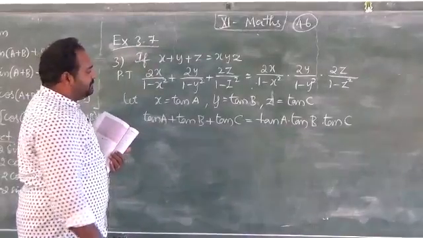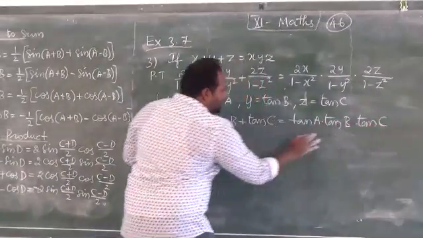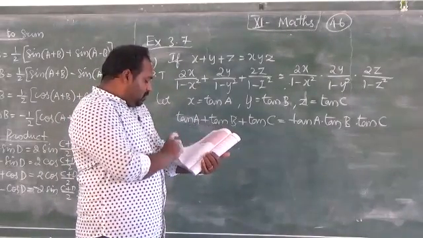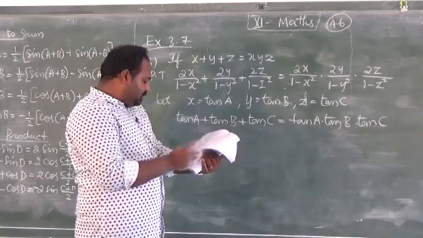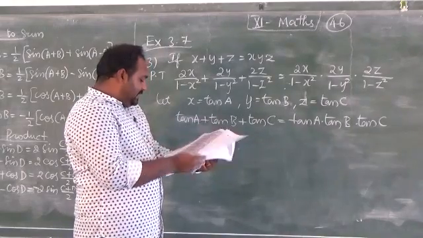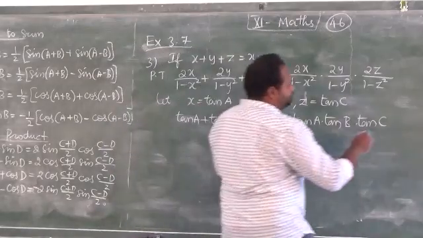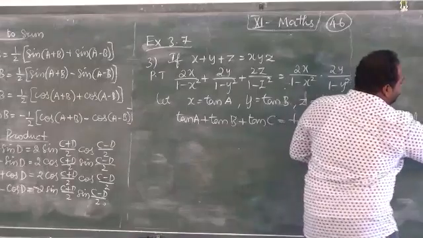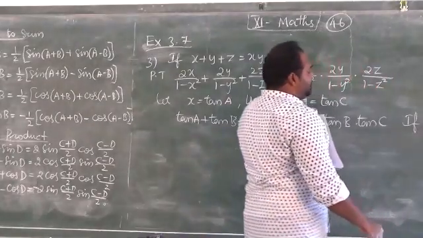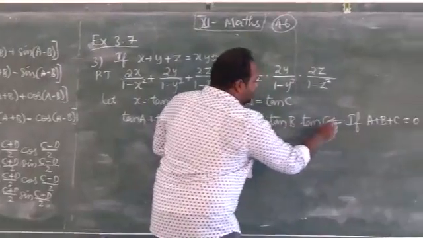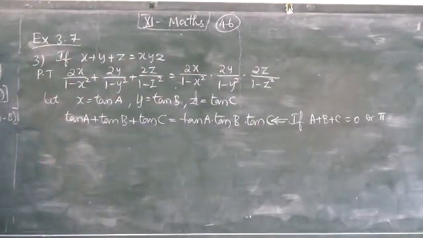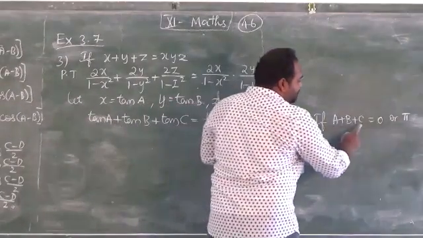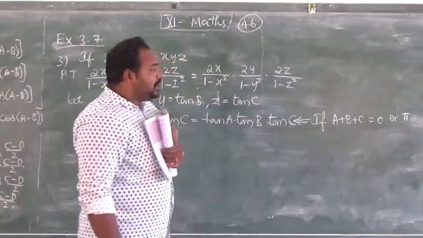If you see this format, this property, I remember that in the book, page number 108, at the bottom of the page, the identity is given: if A plus B plus C equal to 0 or pi, we can say tan A plus tan B plus tan C equal to tan A, tan B, tan C. We can take this when A plus B plus C equals 0 or pi.